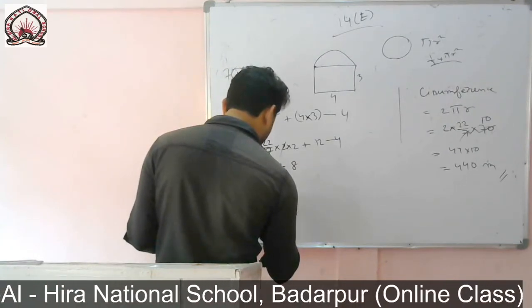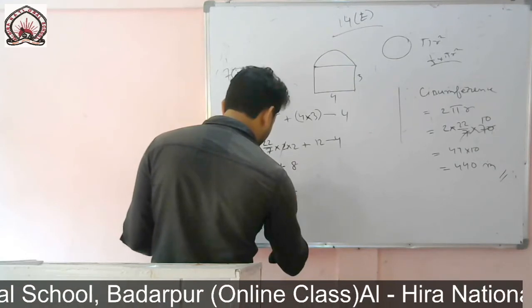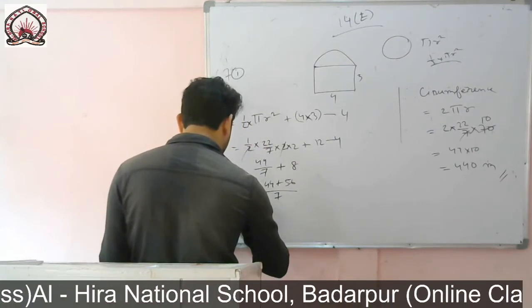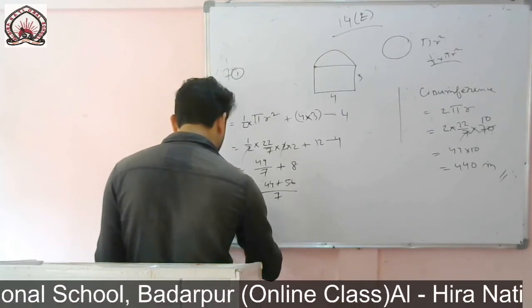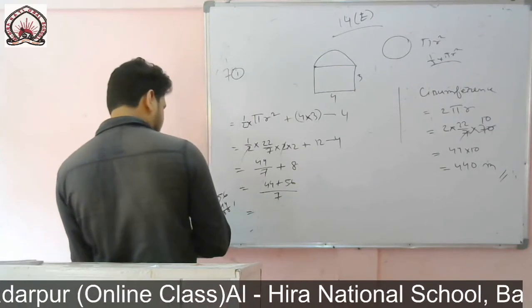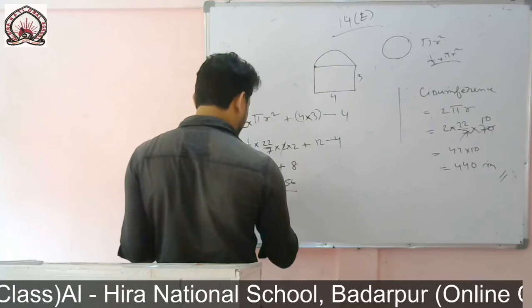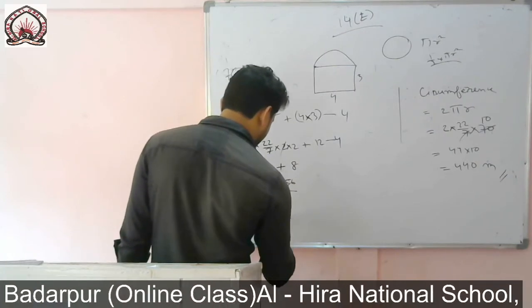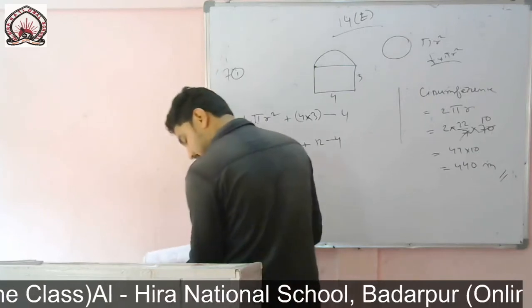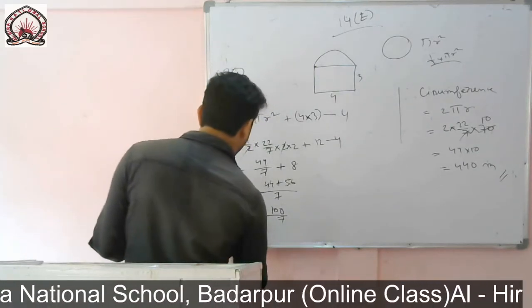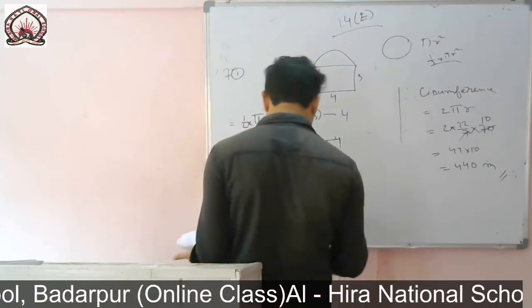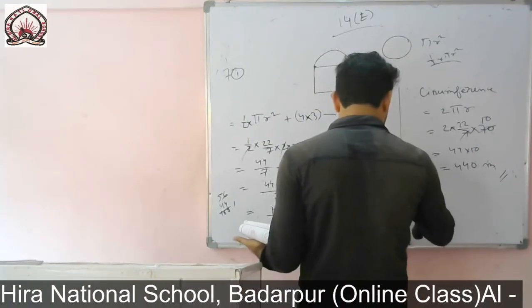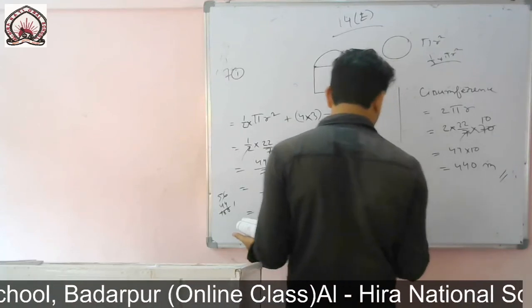Then 6 plus 4 is 10, 5 plus 4 is 9, and 1, so 100 by 7. Then let us check what we get.